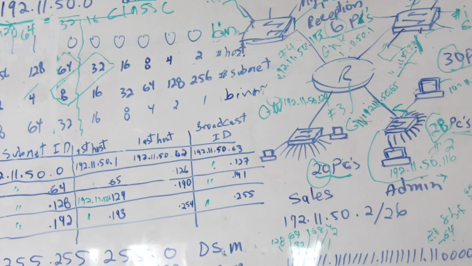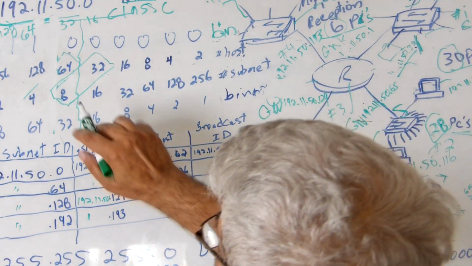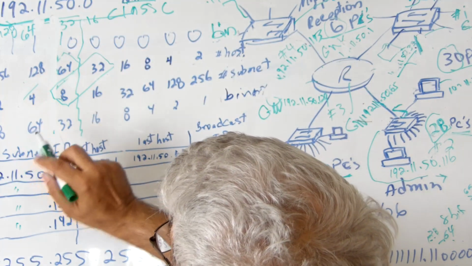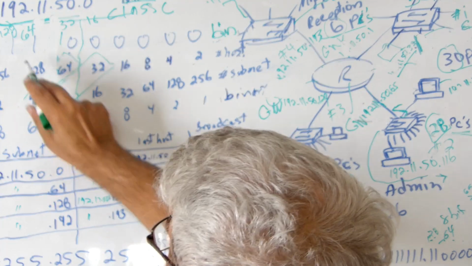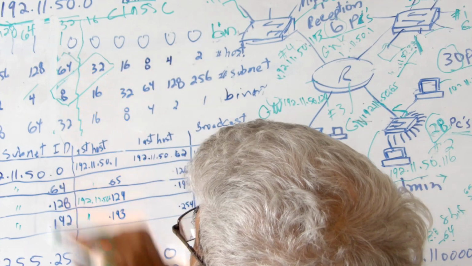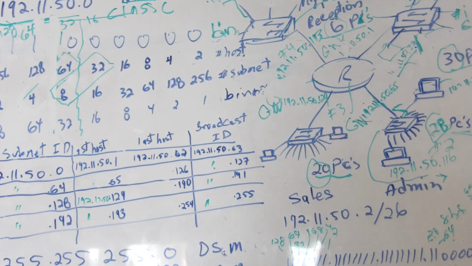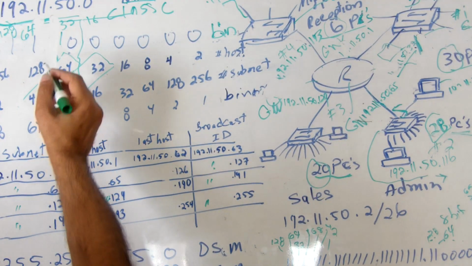So in general, anything you want depends on your own needs. When you have this one, you now have 3 ones here, because 128, 64, 32. Now, if you have 8 networks, what's going to happen?